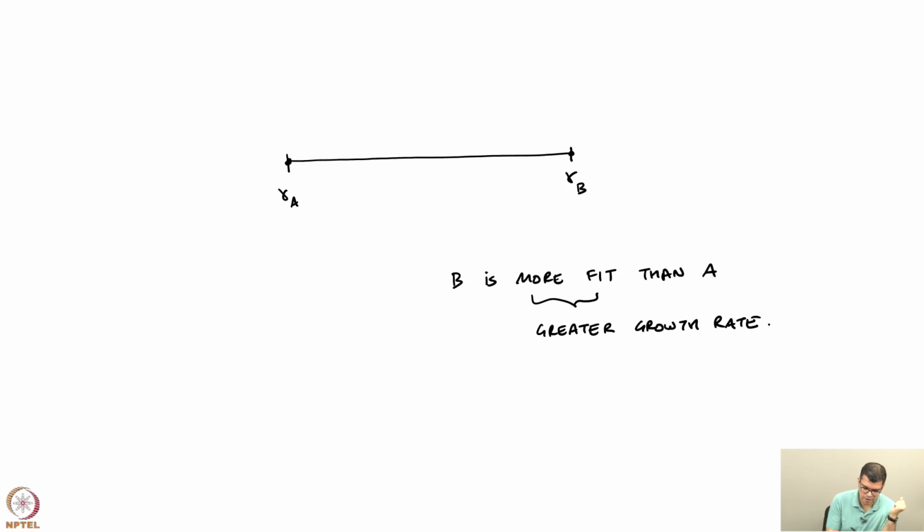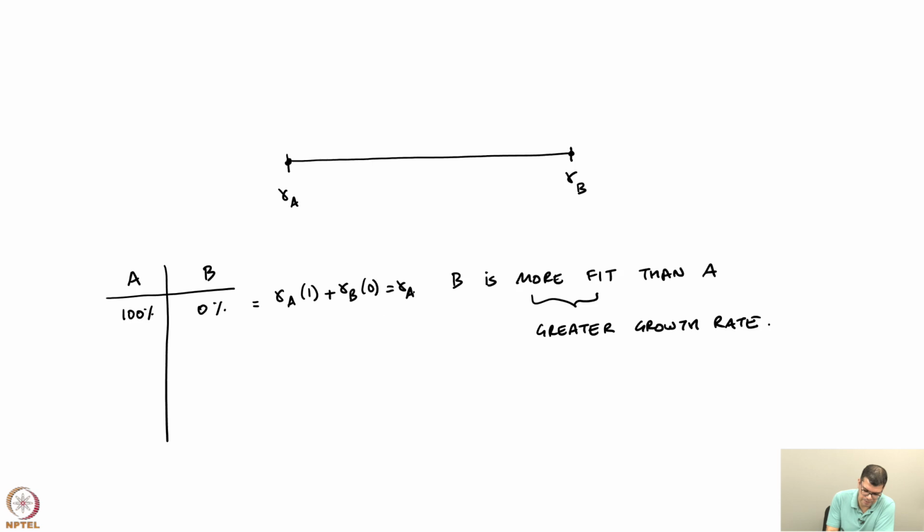Now, let us say I am talking of different population structures. If I have a population structure which is 100% A, 0% B, then the mean fitness of this is going to be RA times the fraction of individuals that are A, which is 1, plus RB into the fraction of individuals which are B, which is 0, that is just equal to RA.